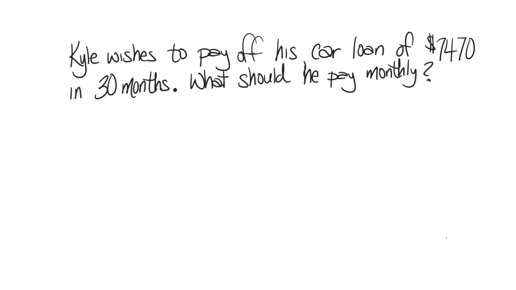So I'm going to take this 7470 and divide it into 30 payments. And now you're just back to a normal division problem. Do you want to give this one a shot on your own? Why don't you try this by yourself? Go ahead and pause the video, try to do that division on your own, and then you can come back and see if you were right.